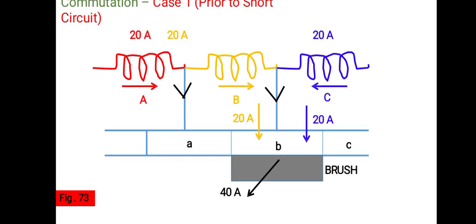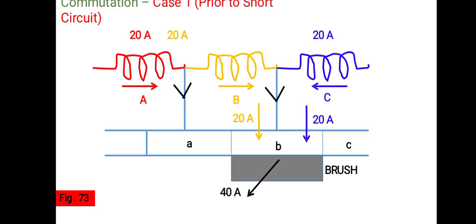So in this circuit diagram we are illustrating how commutation takes place in generators. We are considering three different coils, red, yellow, and blue. In case 1, prior to short circuit, the brush is in contact with one segment only, that is segment B. For example, take a total of 40 amps of current.